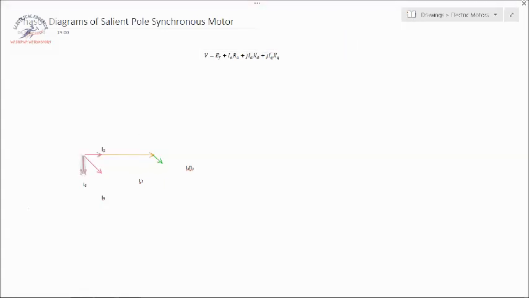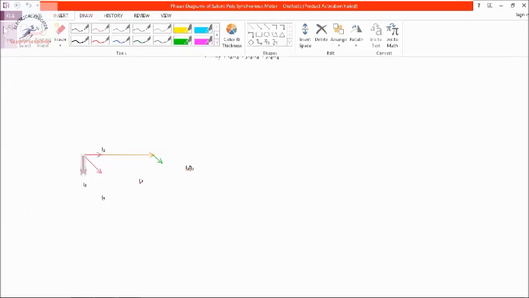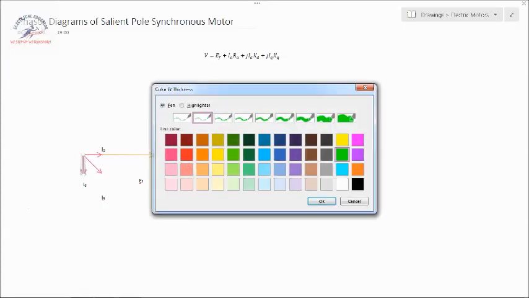So now I want a vector IDXD which is leading vector ID by 90 degrees. Vector ID is here. So if I go in the anti-clockwise direction, I get the leading phenomenon.